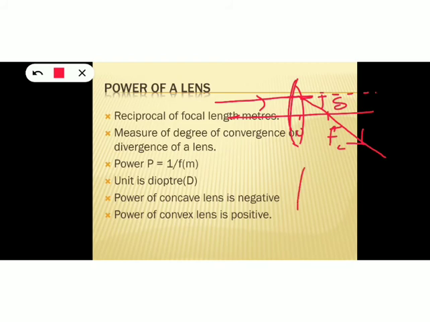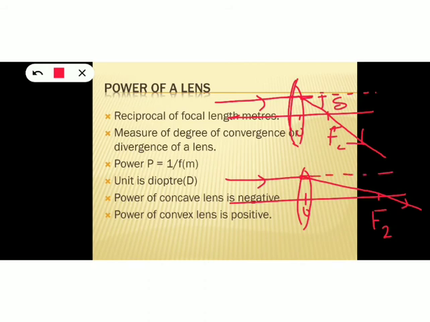Now consider another convex lens, and its focus is situated here. Again the same parallel rays are incident on the lens, and this ray of light, after passing through the convex lens, must pass through the focus, and this ray is supposed to go like this.